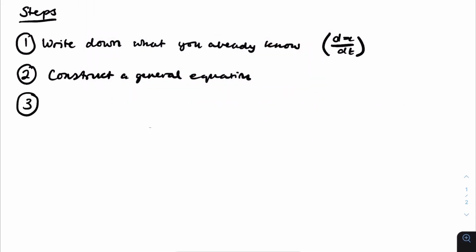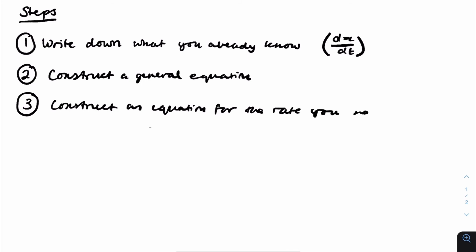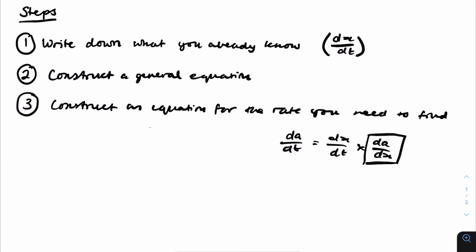Let me just erase that so it's easier to see. Step 3, construct an equation for the rate you need to find. So in the other example where you have dA over dt equals dx over dt times dA over dx, you need to construct an equation that relates dA over dx.